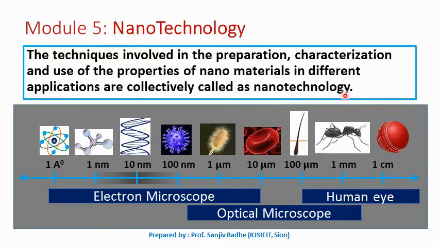So in nanotechnology we will be extensively using electron microscopes. In these sessions we will be discussing the construction and working of some of the electron microscopes: scanning electron microscope, transmission electron microscope and atomic force microscope.